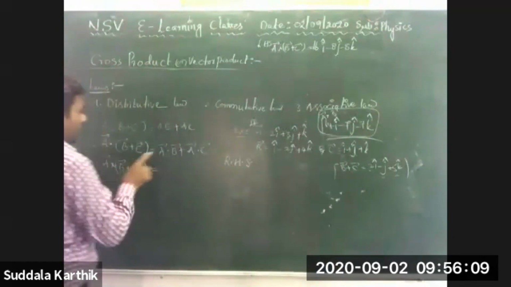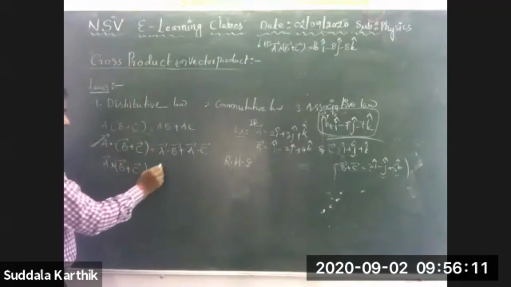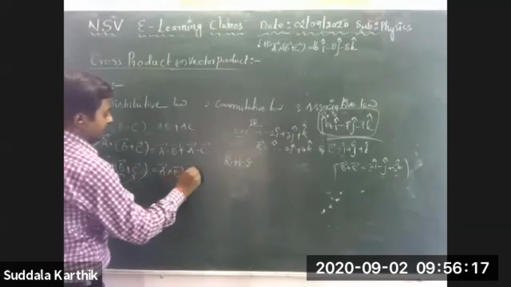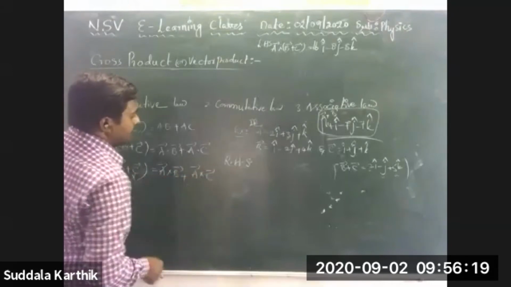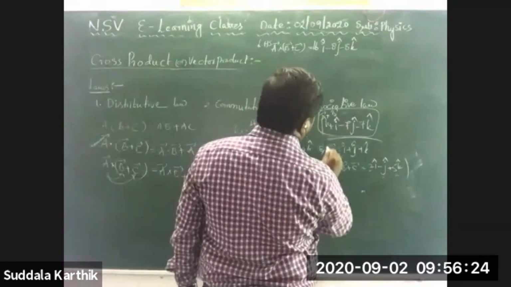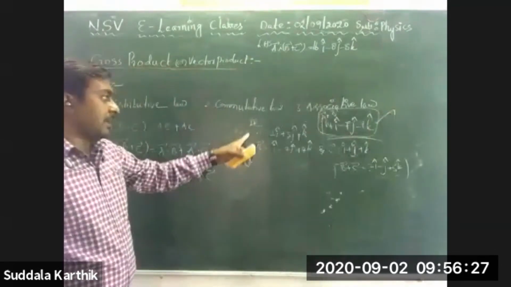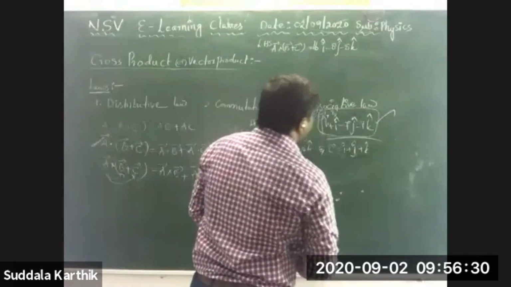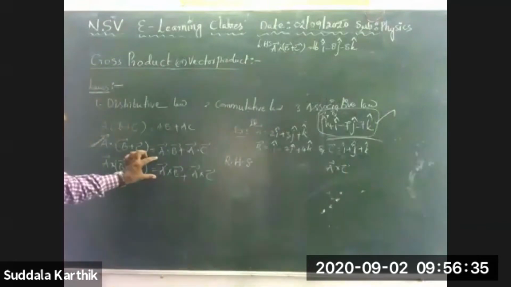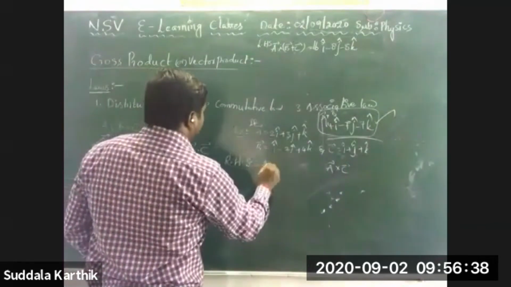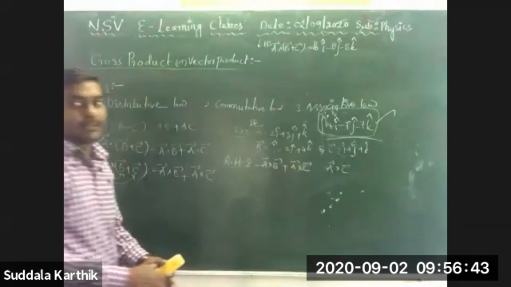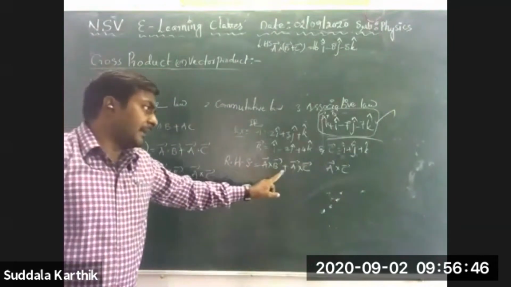The RHS part looks like this: A bar cross B bar plus A bar cross C bar.